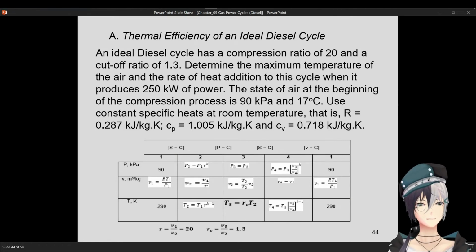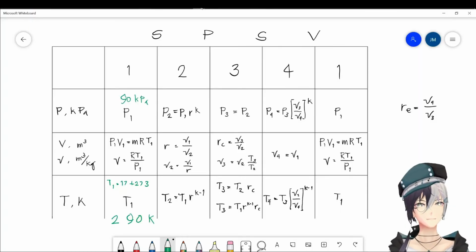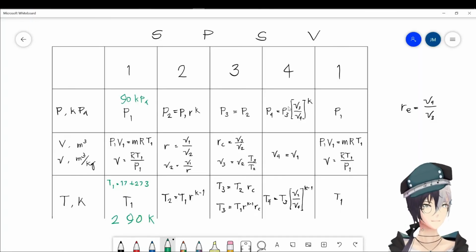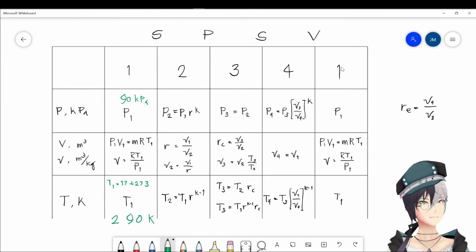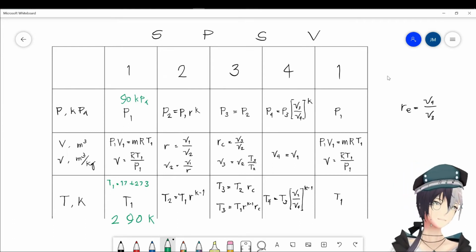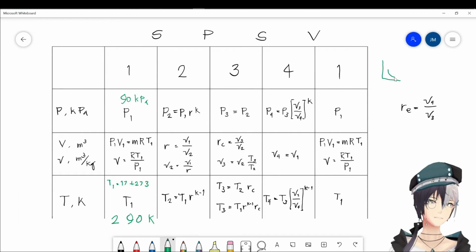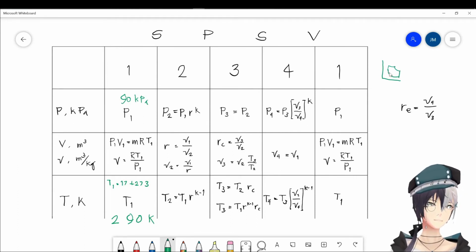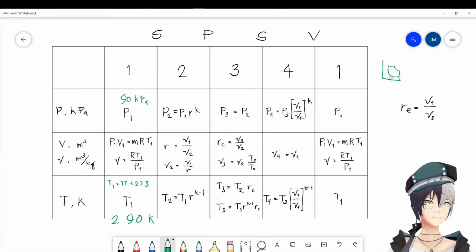And then we are asked the maximum temperature. If I were to draw the TS and PV diagram, this is 1, and then 2, 3, 4.